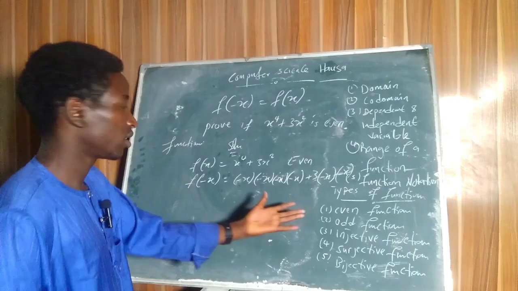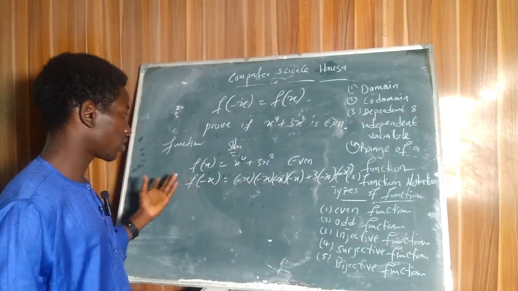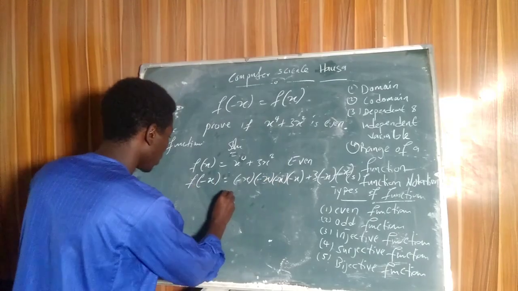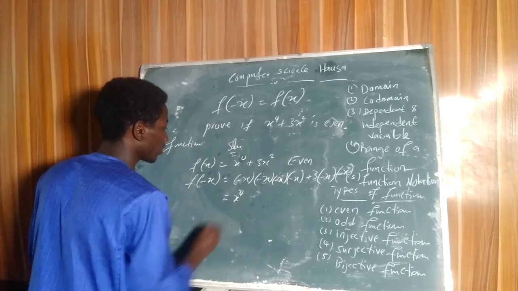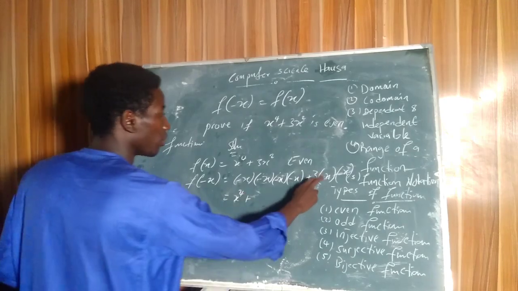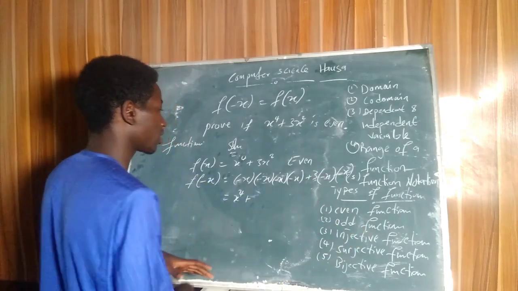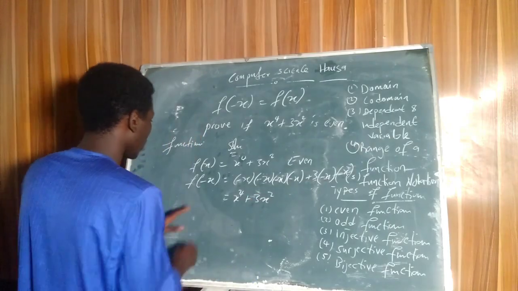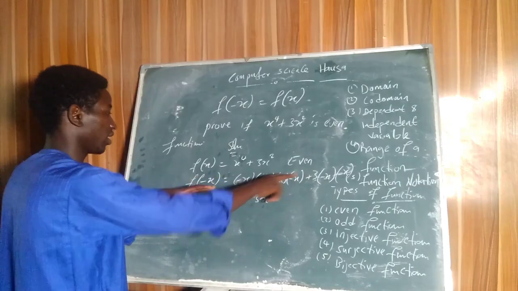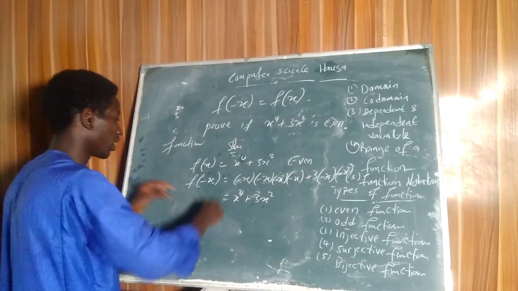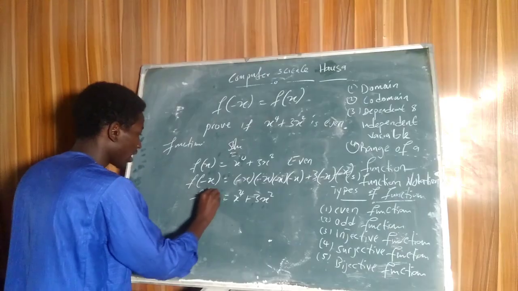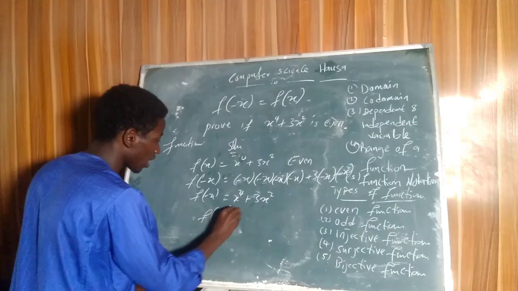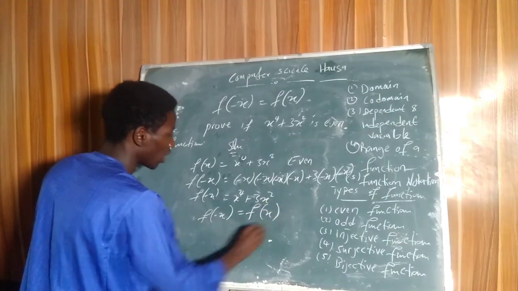Minus times minus is plus, so we simply have x to the fourth power plus 3x squared. So you see, this is f of minus x, where we put a minus in every x, so f of minus x is even, so f of minus x is equal to f of x, right?